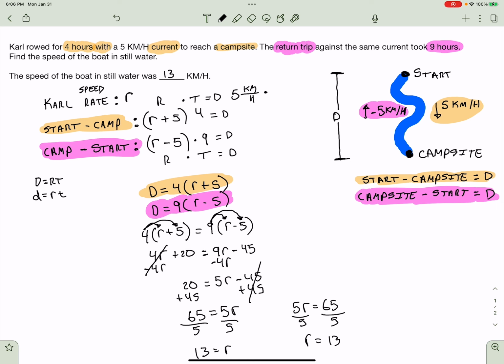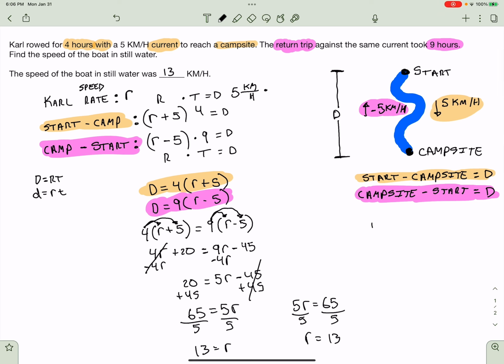Now, does that make sense? Well, we could prove it out. We could take that 13 and we could add 5 to it on the left side and multiply it by 4 and see what the distance is. Now we know, because we know the r. So let's try that really quick and see what happens. Distance equals the rate. And this, we'll call this one the distance from the start to campsite.